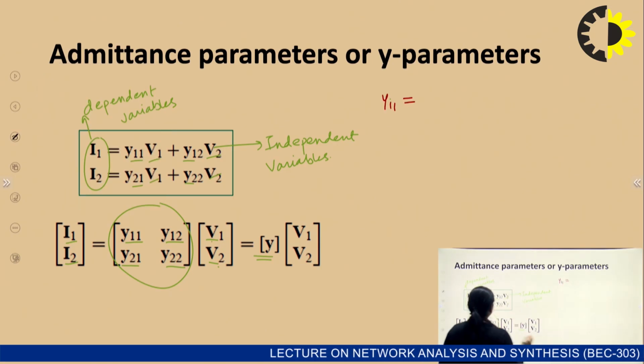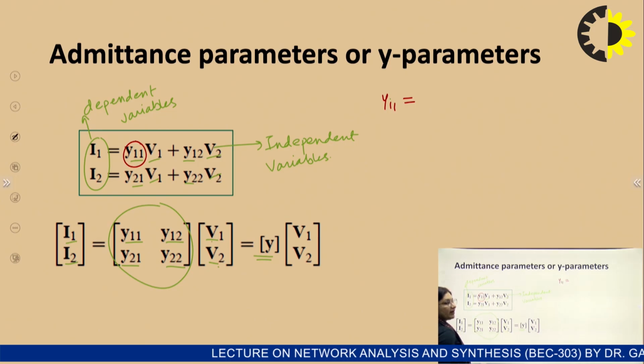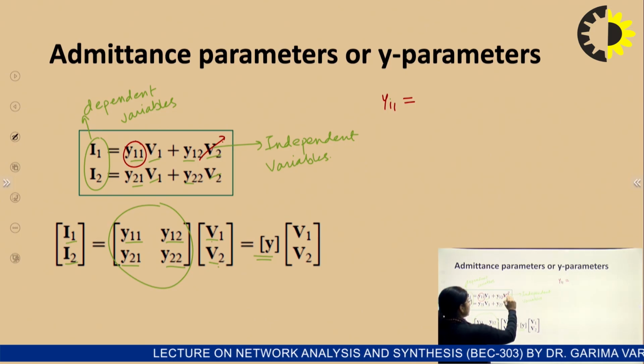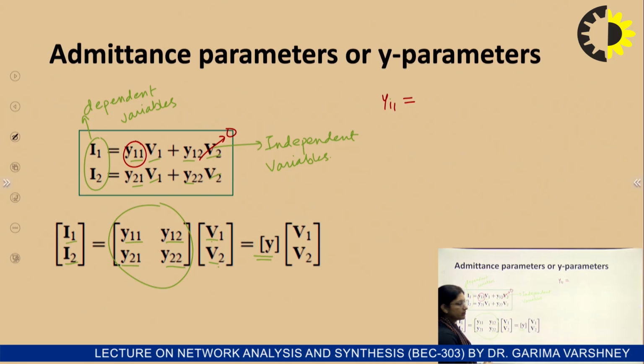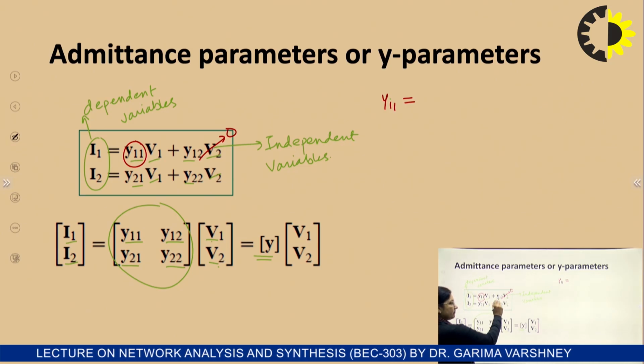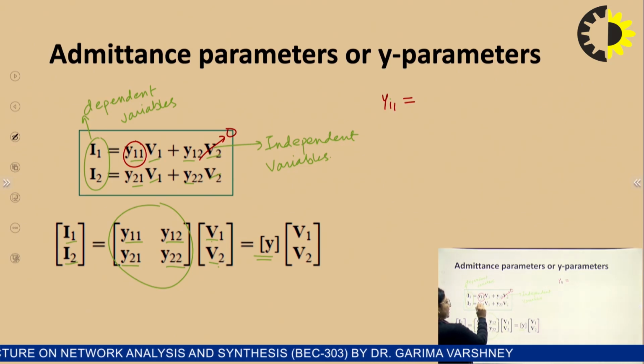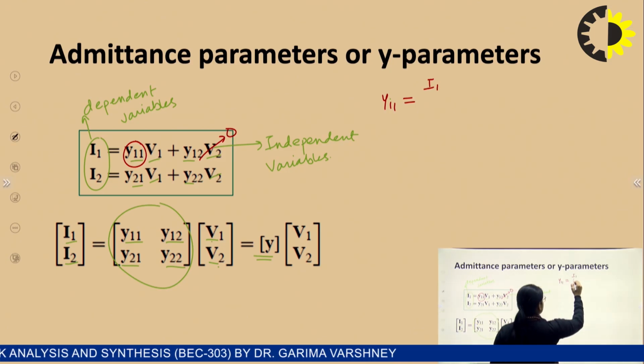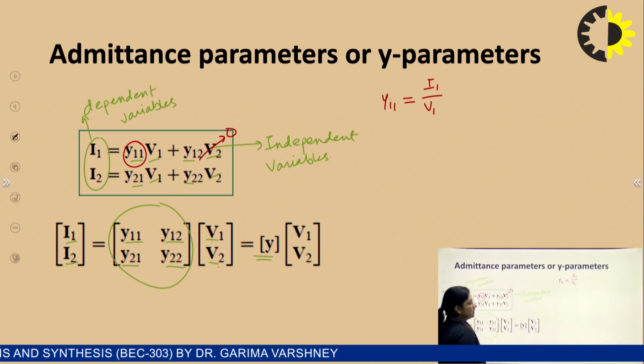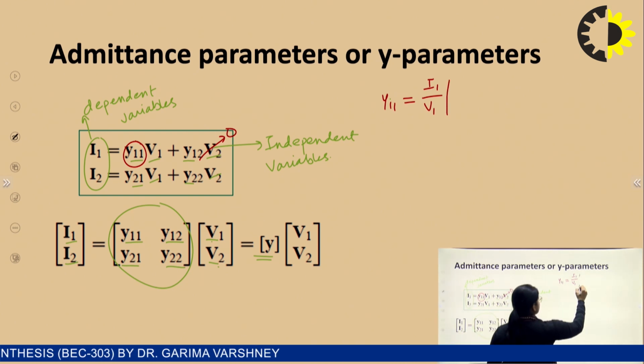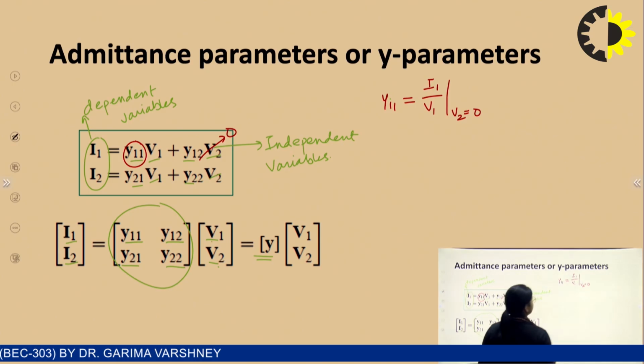To calculate Y11, I need to put V2 equal to 0 in this equation. Then I can calculate Y11 as I1 by V1, and the condition is V2 must be equal to 0, right?